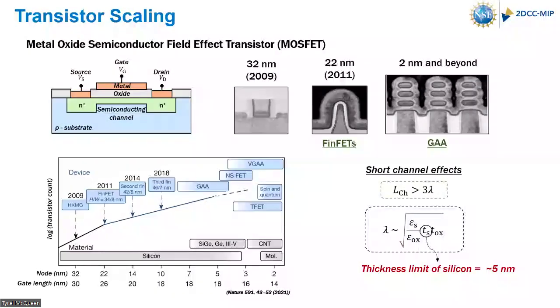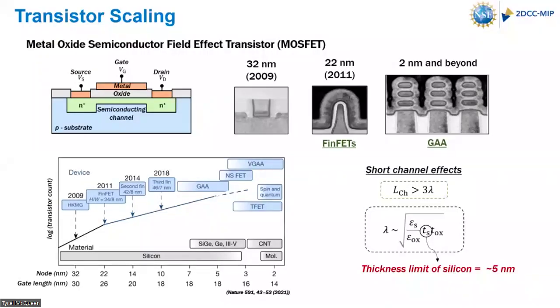So some of the things that are being looked at are other semiconductors like silicon germanium, 3.5s, carbon nanotubes, different geometries. So there's this gate all around geometry shown here, which is what most of the semiconductor companies are working on. So now you're wrapping the gate dielectric all the way around the channel.